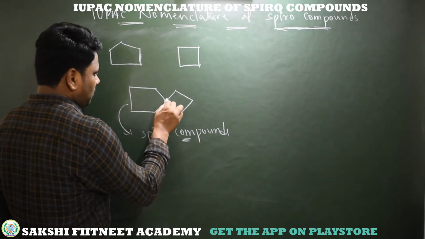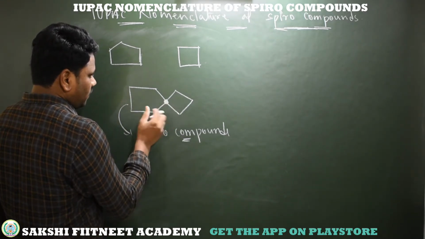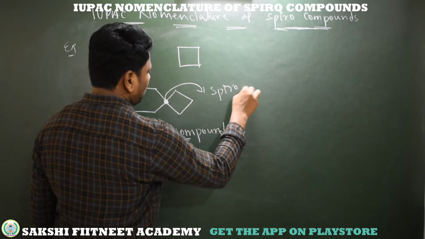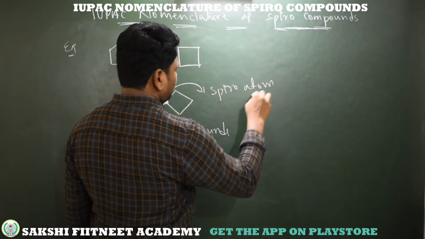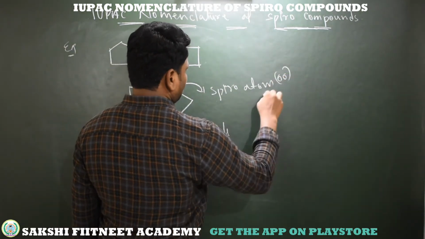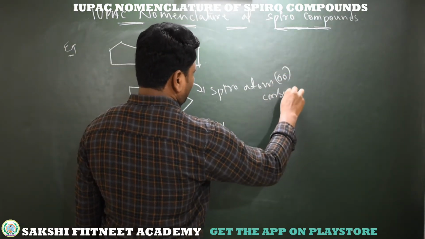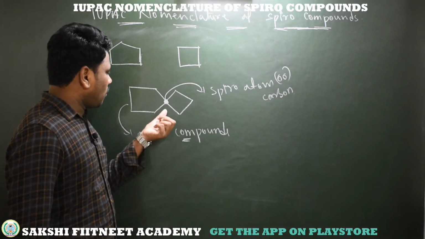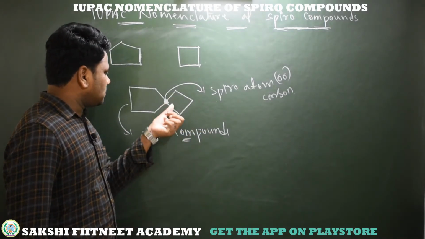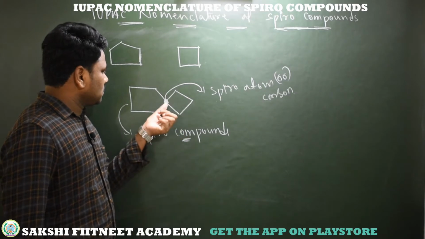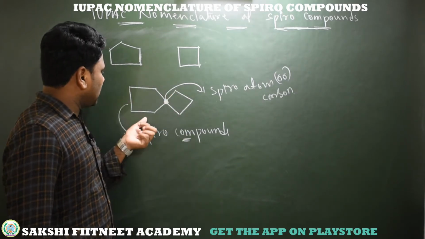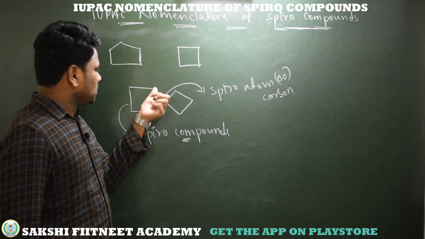See here, this carbon which is joining these two different rings is called the spiro atom or spiro carbon. What about the spiro carbon? This spiro carbon is bonded to 4 carbons. In this cyclic system, this carbon is bonded to CH2, and from the other cyclic system, this carbon is also bonded to CH2.